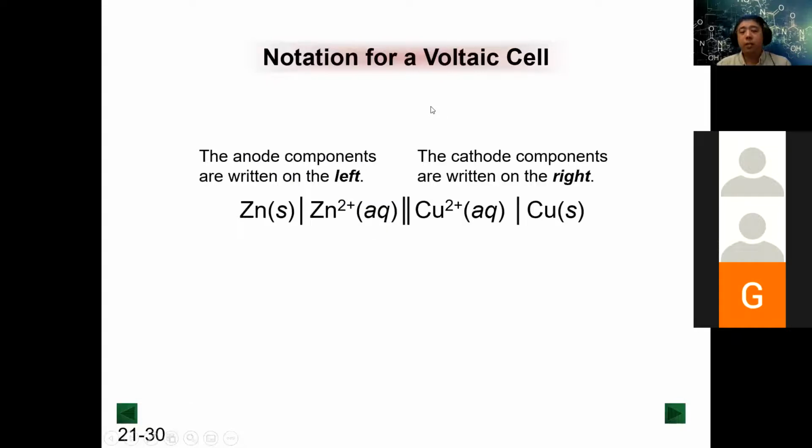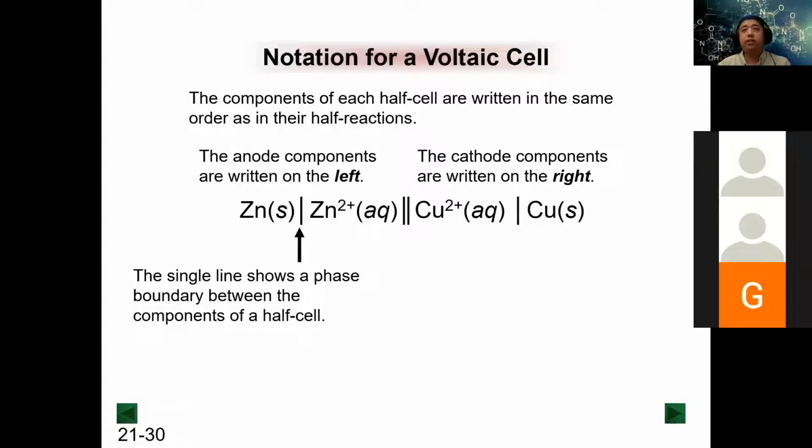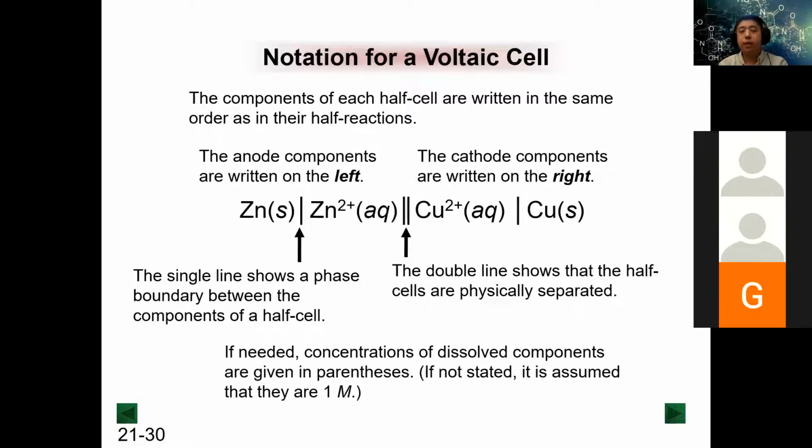So the next thing I want to bring up is a thing called the line notation. We have 3 lines here, a single line, a double line, and then a single line. The single line refers to a separation between phases. The double line refers to a physical separation, also known as your salt bridge.